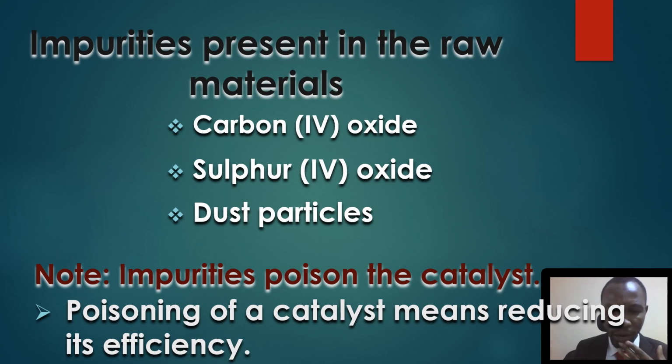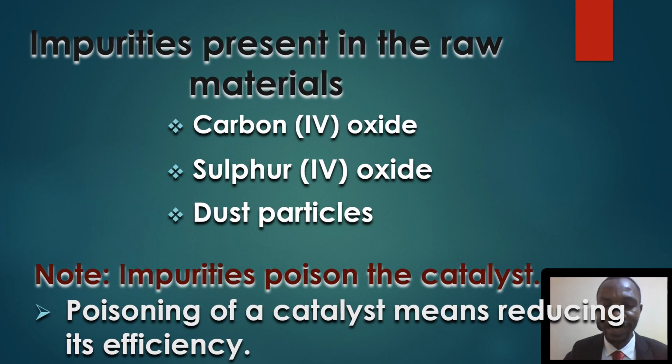And how is this efficiency reduced? The catalyst will speed up the rate of reaction. It will speed up the rate of production of ammonia by offering a site with increased surface area over which the raw materials, or the reactants, will combine to form the product.